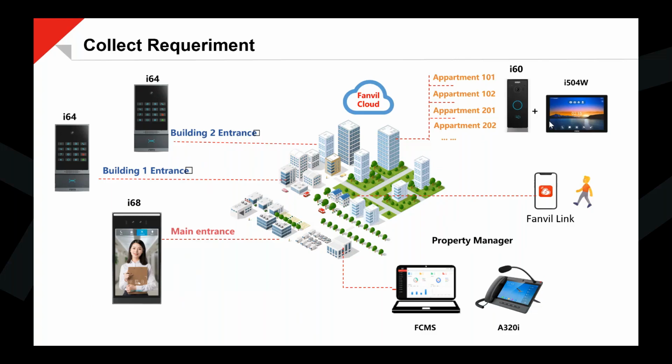But if you want licenses, you just need to contact our sales, so you can purchase them and add them to your account. You only have two options. Either you have indoor stations, you add them to a project, and you don't need any license. Or if you want licenses, you contact our sales. They will provide you with details and how to add them.